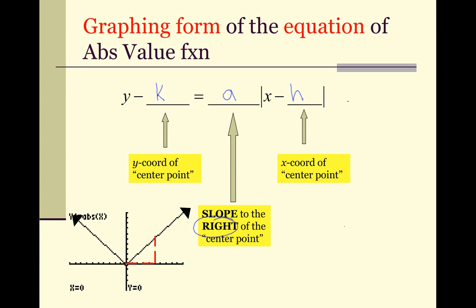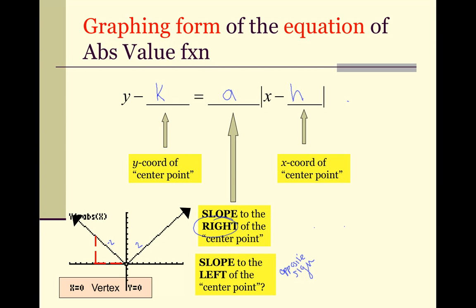I would certainly hope that you will at some point, if you don't recognize right now, if this slope was 2, this slope is -2. Right? So my slopes, if I'm going to pluralize that, would just be plus and minus 2. So the slope to the left of the center point is going to be the opposite sign. The vertex is 0, 0 right now.